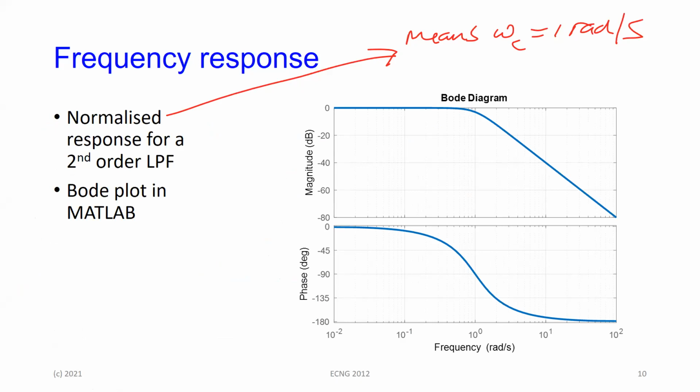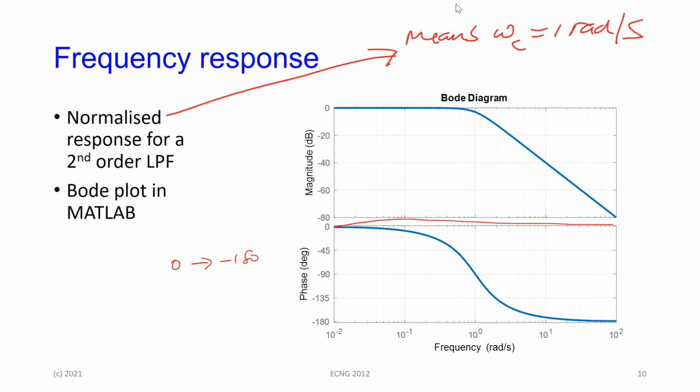Look at the phase response. The phase response is going from 0 to minus 180. Ideally, the phase response should be flat at 0 all the way through. Notice it's going from 0 to minus 180.